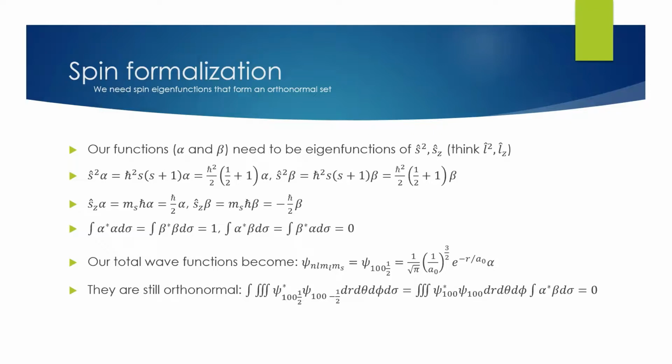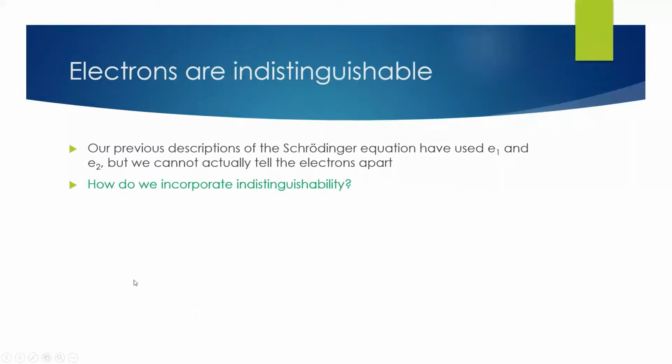The last thing we need to discuss before we can get a full picture of the wave function for these multi-electron atoms is the indistinguishability of electrons. So what do I mean when I say the indistinguishability of electrons? Well, we can't tell two electrons apart.